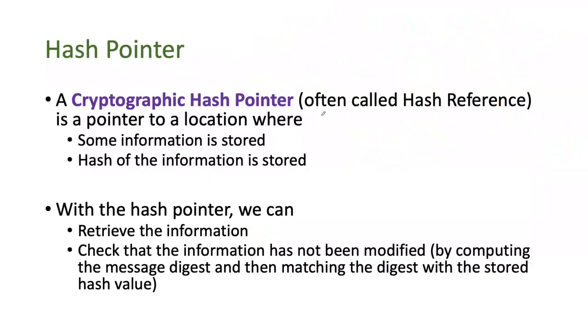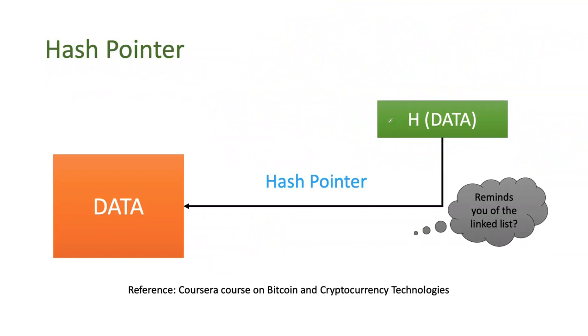So what is the beauty of this? The new hash value will be computed based on the data, and the hash pointer points to where the data is in the previous block.